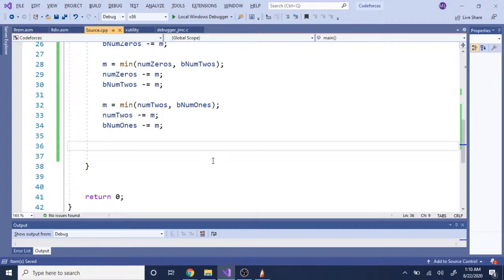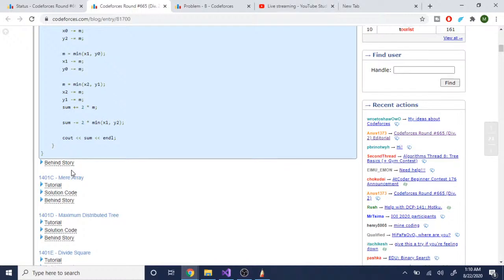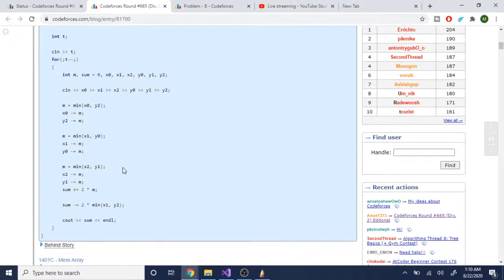Just 2 times the number of ones. I'm curious, how did they sum them up in the end? Sum 2 times the number of ones.